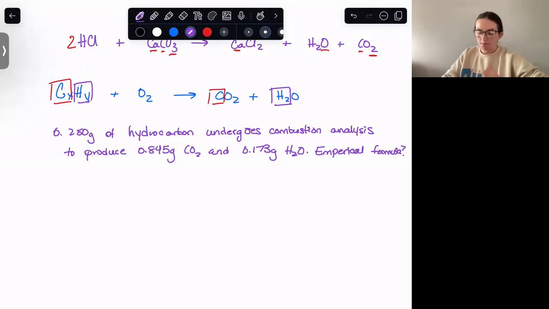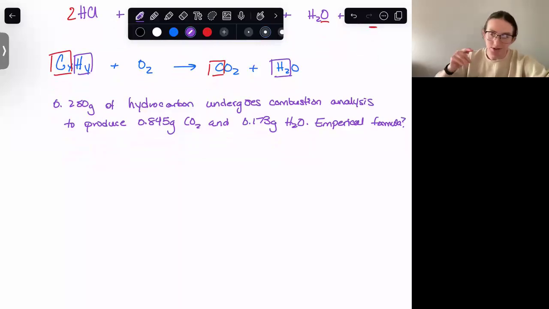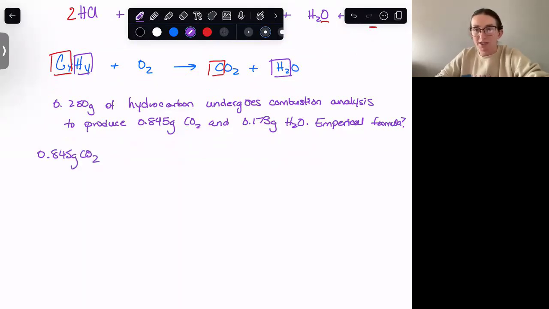You're given a hydrocarbon, which means there's only carbon and only hydrogen in your compound. You're going to start off with carbon dioxide, or you can start off with either one of them. I usually start off with carbon dioxide. So I have this many grams of CO2. We don't like working in grams. We need to get to moles.